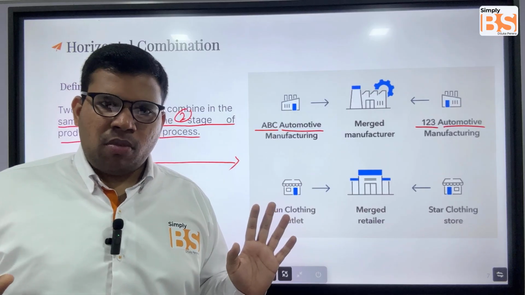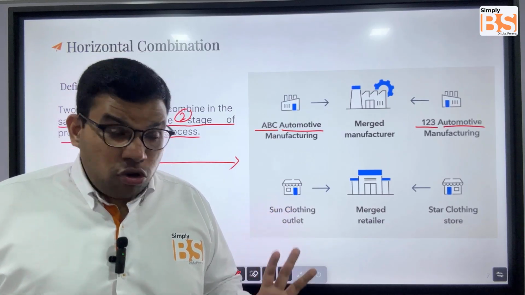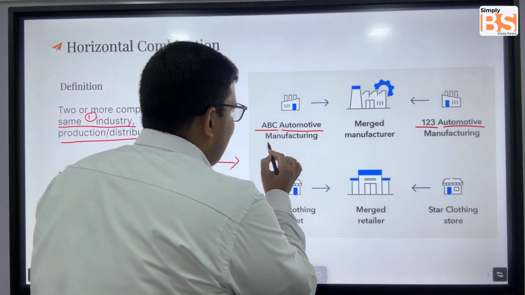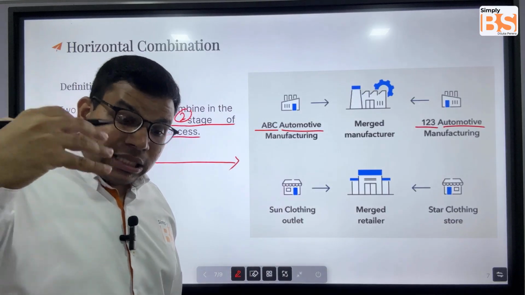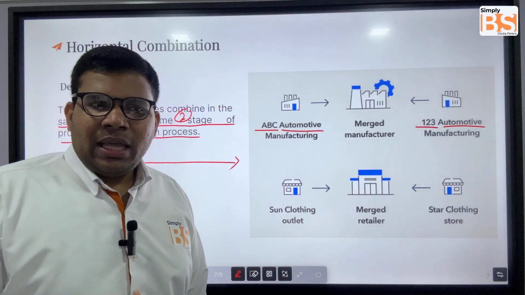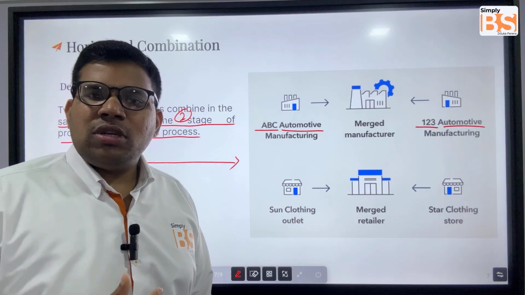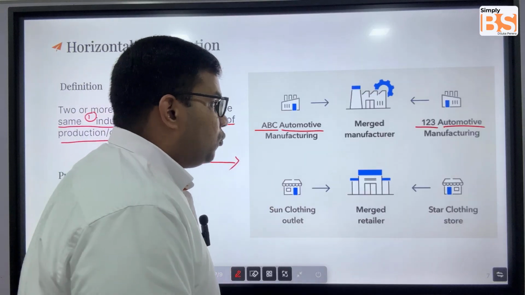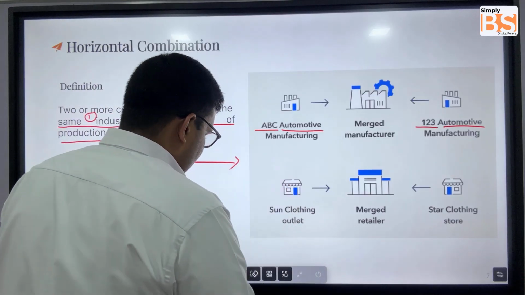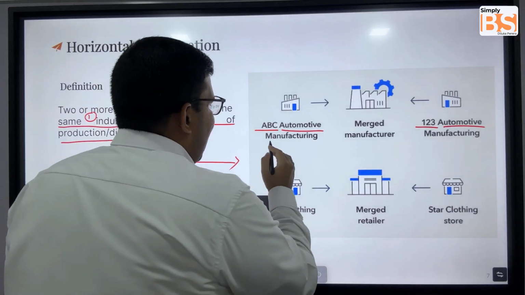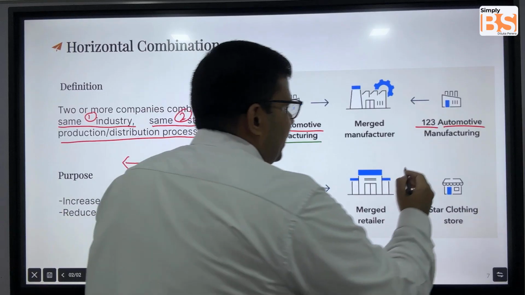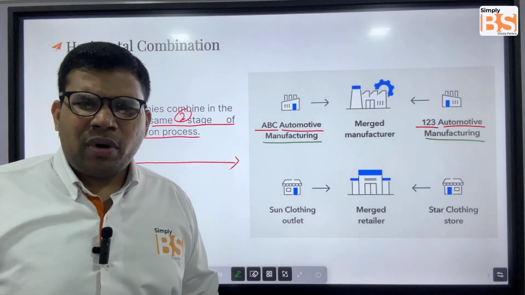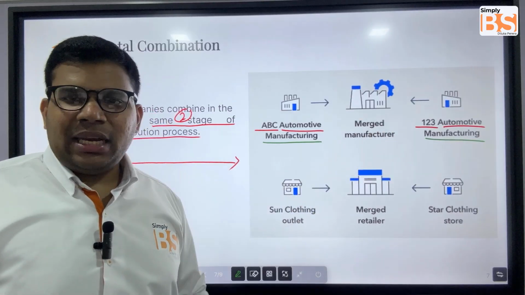Same industry. And also, these two companies are performing a similar activity in the production and distribution process. These two companies, ABC Automotive and 123 Automotive, are into manufacturing automobiles, vehicles, a similar activity.